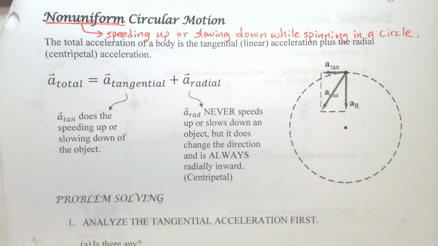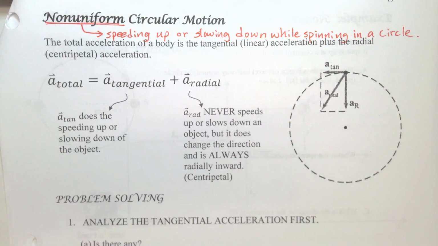So, in that case, if we have anything speeding up or slowing down, what kind of acceleration do we have? Very good. That is correct. We have two kinds of accelerations. We have radial acceleration and tangential acceleration.